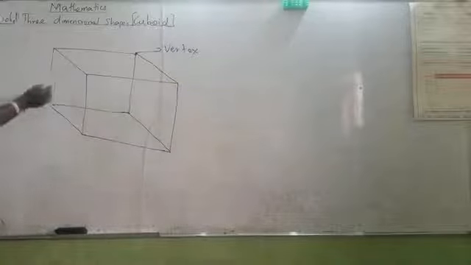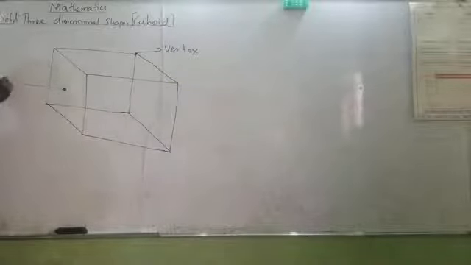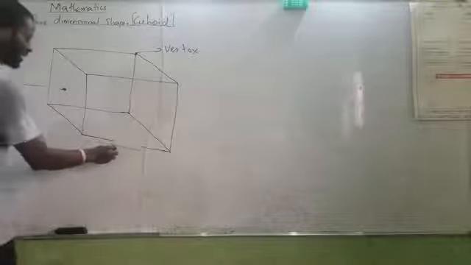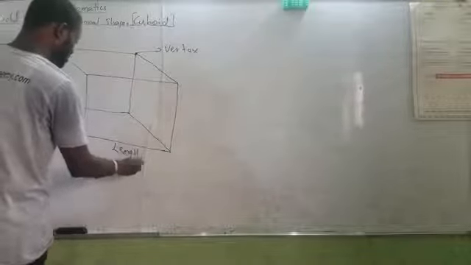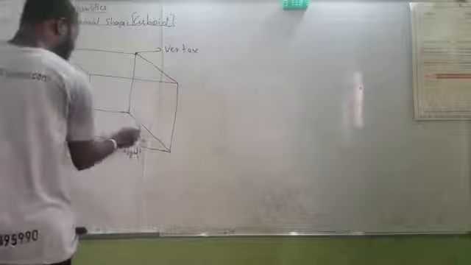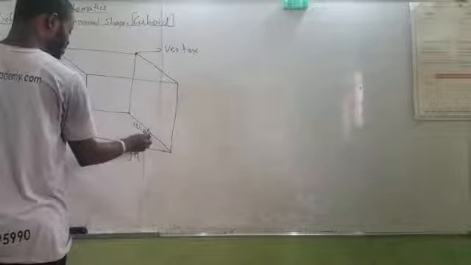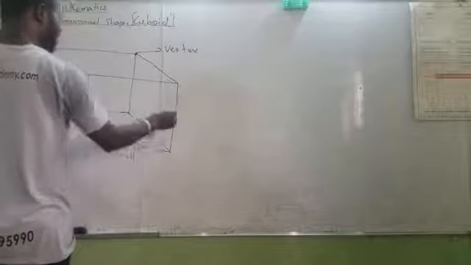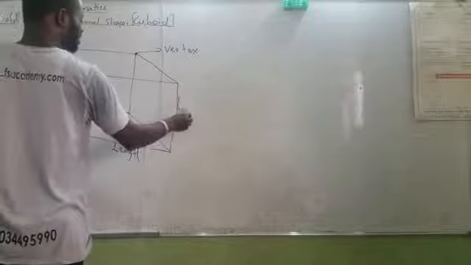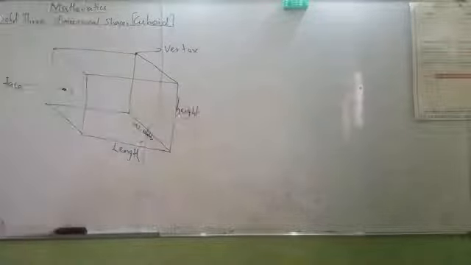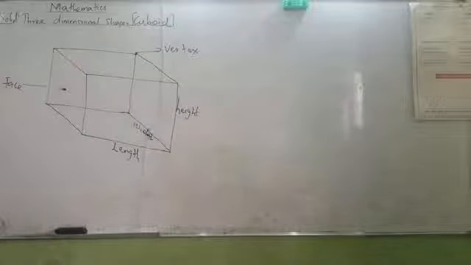And here we call it a face. This can be the length, this can be the width or breadth, and this can be the height. That is what you need to know about this cuboid.